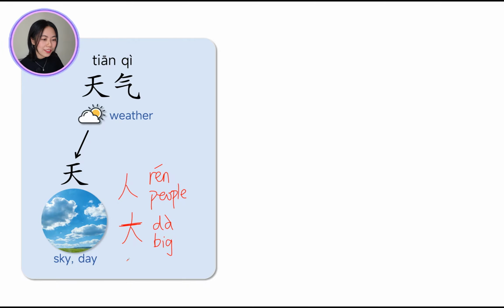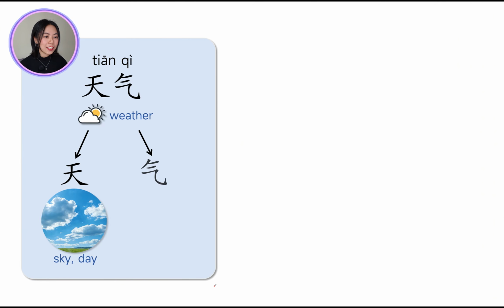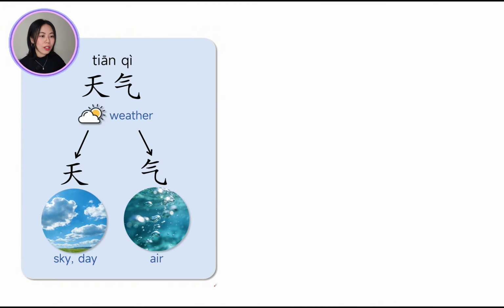The third one, 天, you can see on top of the 大 there's one more stroke that is 天 and which means sky, because the sky is on top of the big things. Let's continue. 气 means air. So 天气 the sky air, the day air, that would be weather.